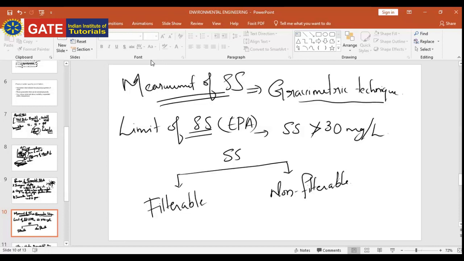Any other problem regarding this organic matter? Will organic matter pose any other problem than this? Algae will not allow sunlight. Yes, one of the reasons. We can have eutrophication. Have you heard of eutrophication? That is a very important term you should know when we study environmental engineering. Now, what is eutrophication?